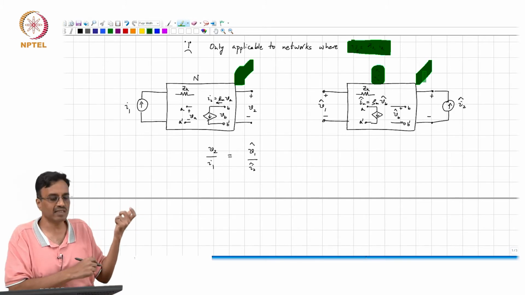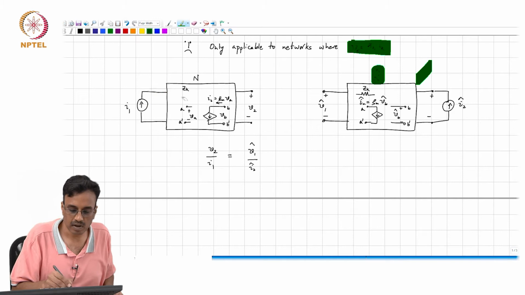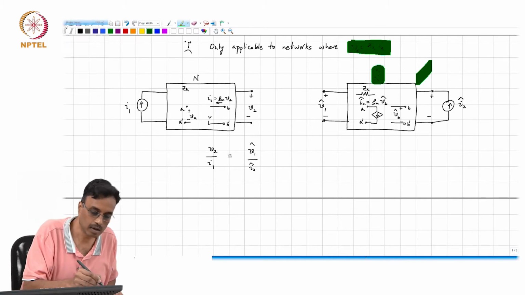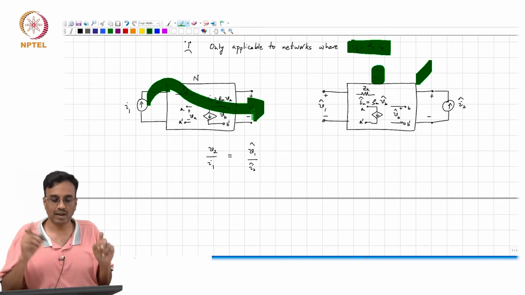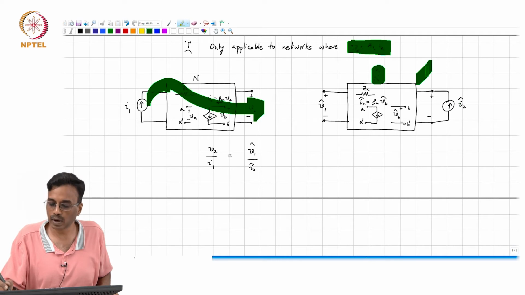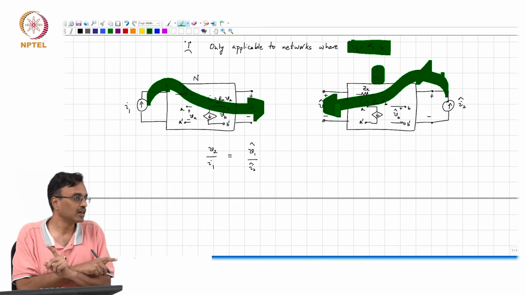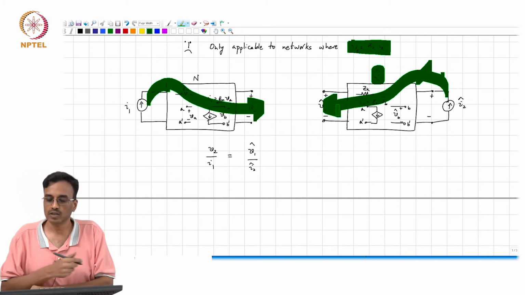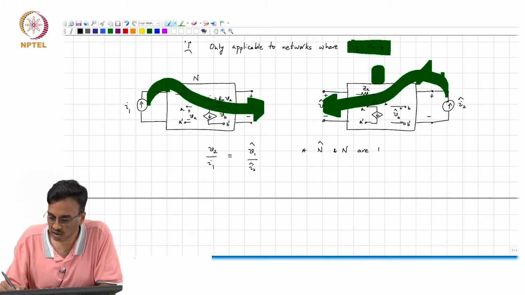That seems intuitively reasonable, because in the network N, signal flows like this, right, and we have some transfer from V2 to I1, and if you want the same transfer from I2 hat to V1 hat, it seems reasonable that the control source points the other way, right. So, I am going to just write down. So, please note that N hat and N are not the same.